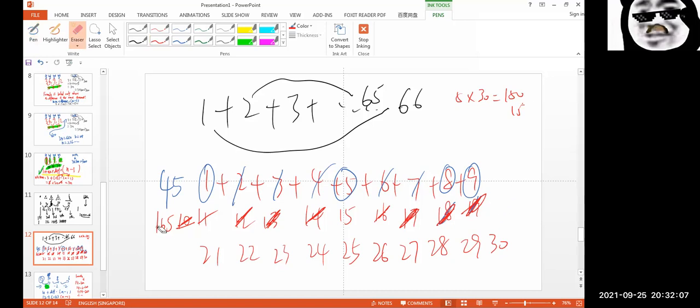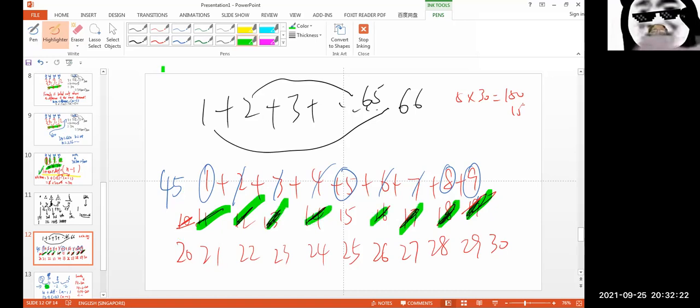Sorry, just redo. 130, 230, 330, 430. 430 is 120, 120 plus 25 is 145. Good.